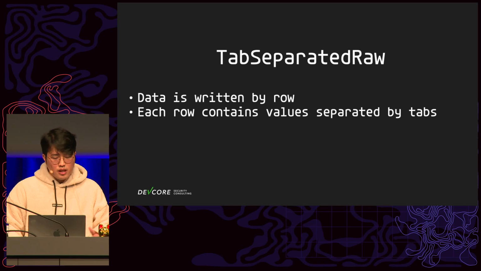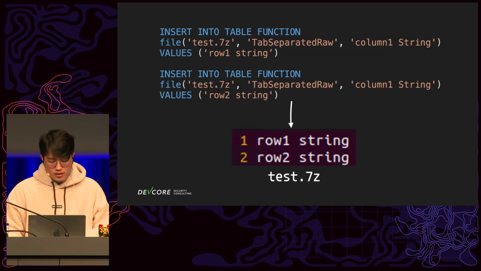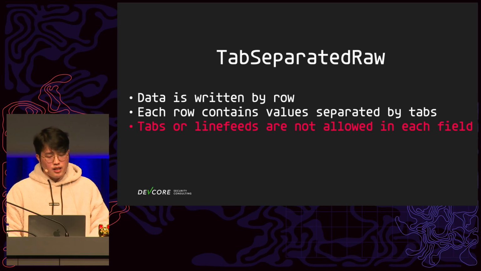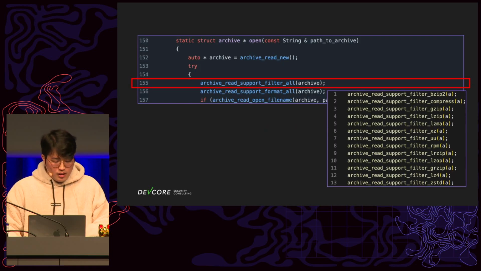So we use the tab separated row. The data is written by row, and each row contains values separated by tabs. So it will look like this. The problem is that tabs and line feeds are not allowed in each field. But that's not an issue. Don't forget the filter ClickHouse enabled for us.